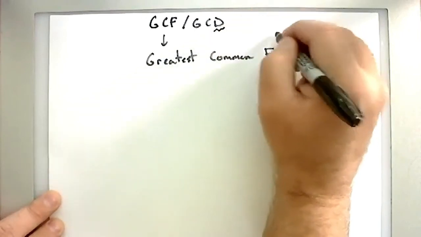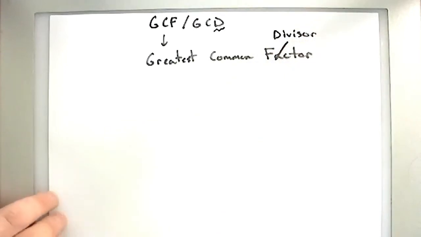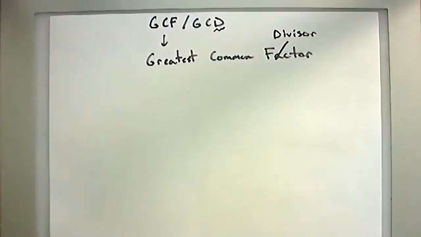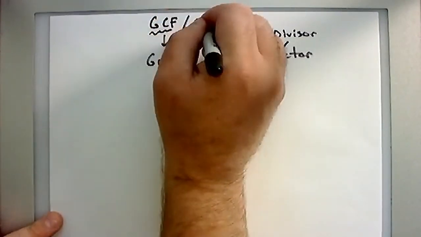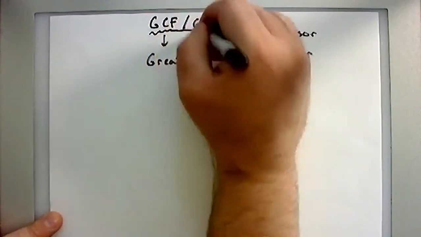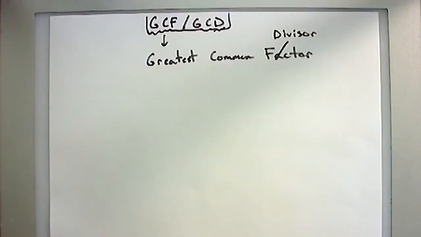Instead of factor, sometimes people will say greatest common divisor. It does not matter. They're the same word. It means the same thing. It doesn't matter which one you choose to use. I usually will say GCF, but you might hear me say GCD instead. GCF and GCD are the same thing. A factor is something that divides into it, so greatest common divisor.